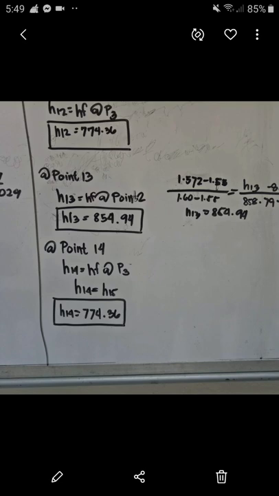we have the enthalpy 14 is equal to HF at pressure 3. So the H14 is equal to H15. So the H14 is equal to 774.36.